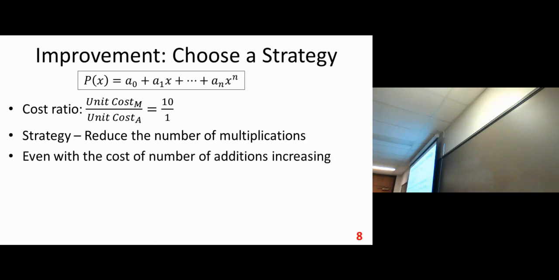So here, our strategy: when you try to reduce the number of multiplications, your method could increase the number of additions a little bit. So you need to sacrifice on some other parts of the computation.